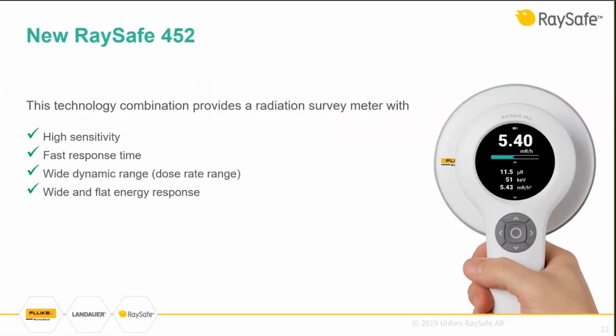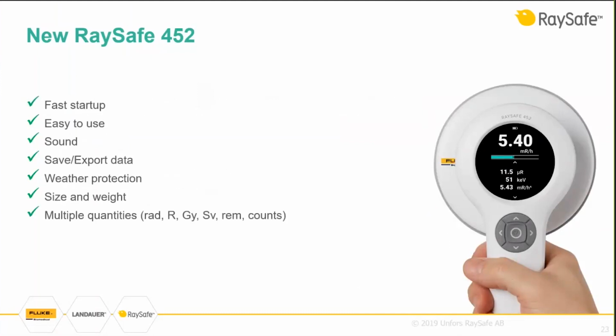The 452 also has a fast startup time, where it takes a couple of seconds before it's ready to measure instead of a couple of minutes, which is sometimes needed. We have an intuitive and easy user interface, at least what we believe. You can turn on or off sound or set alarm levels.